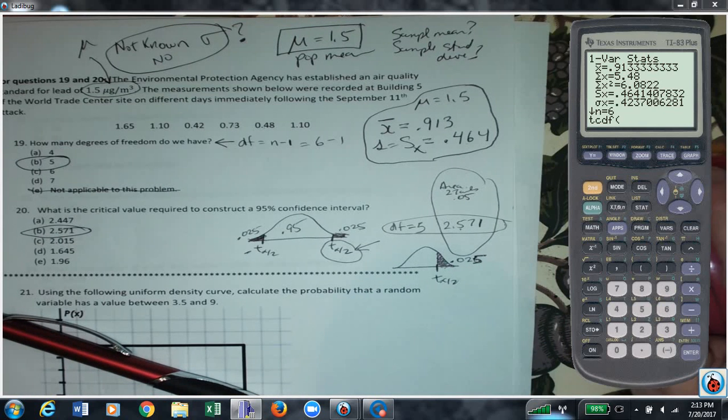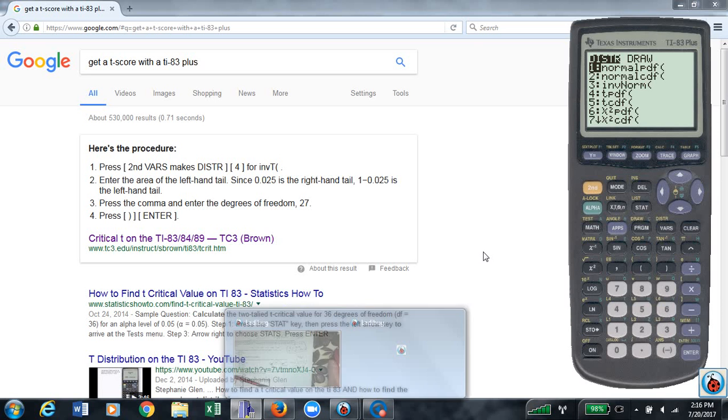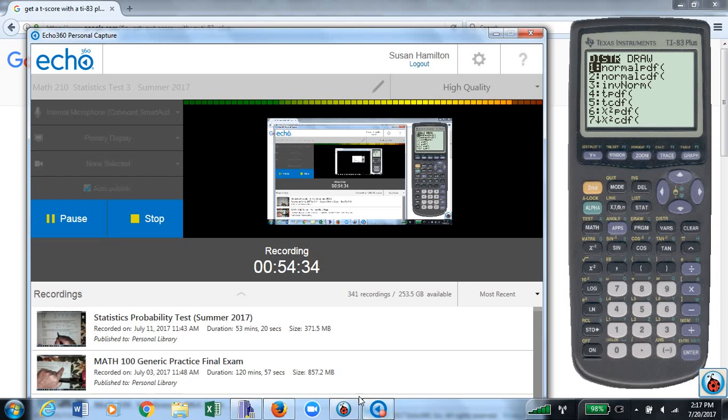Okay, so if I wanted to do that with a calculator, I'm going to need a TI-84 plus. With the 84 plus, you do second, then vars, and then there should be an INV capital T. That's not on the 83 plus. So you're going to have to use the chart.